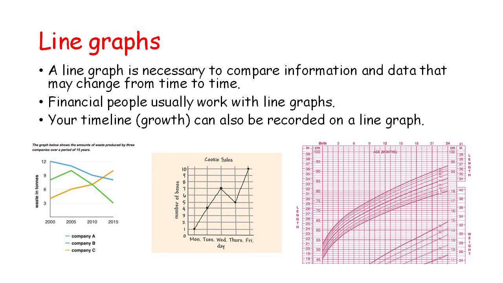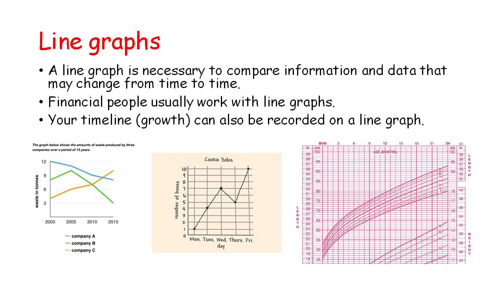You can also look at these other graphs. Sometimes we can put more than one thing on a graph. So you will see on the first example, we have company A, which is blue, company B, which is green, and company C, which is yellow. And this is about the amount of waste. In other words, how much rubbish is produced in different companies.